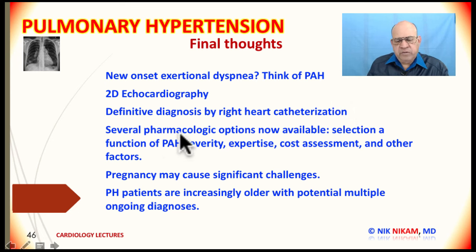Several new pharmacological agents are available to specifically treat the underlying pathophysiology in patients with pulmonary arterial hypertension. However, the prognosis of these patients, especially those in class 3 and 4, is limited despite all these newer modalities of drugs being available. Pregnancy may cause significant challenges.